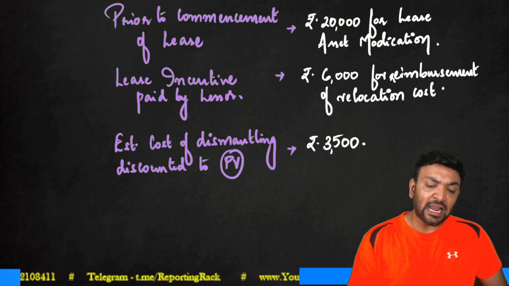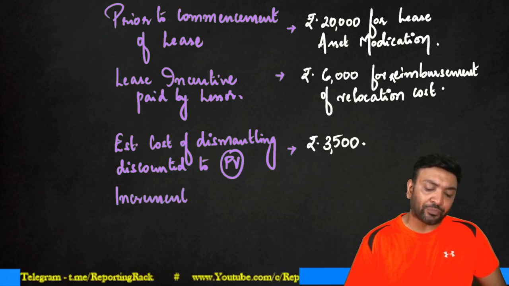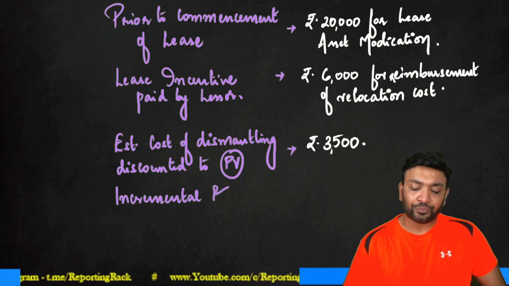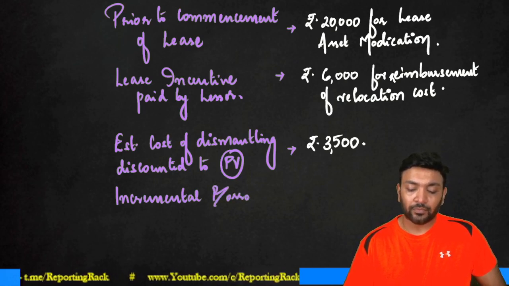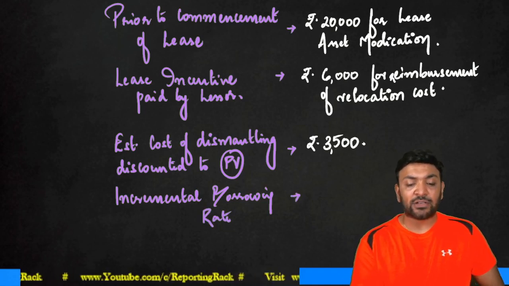Let's say my IRR or interest rate implicit in the lease, or let's say the incremental borrowing rate to the lessor, for the ease of calculations, I am taking this rate as 10%.